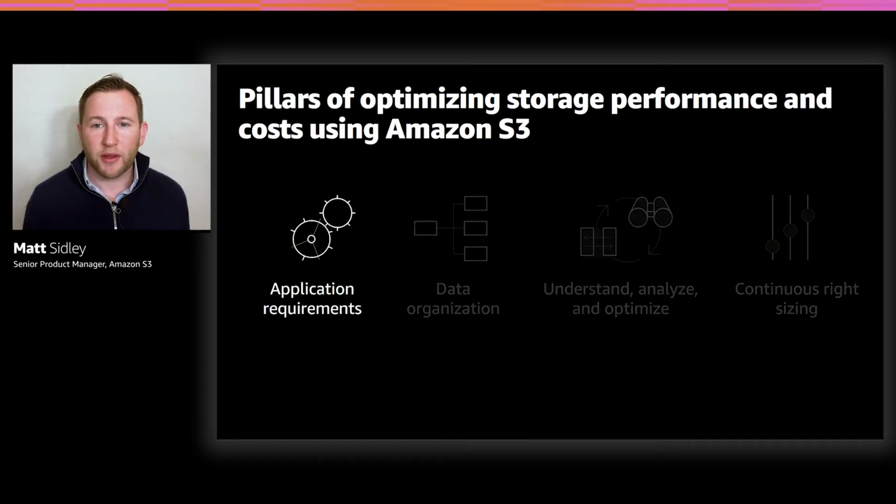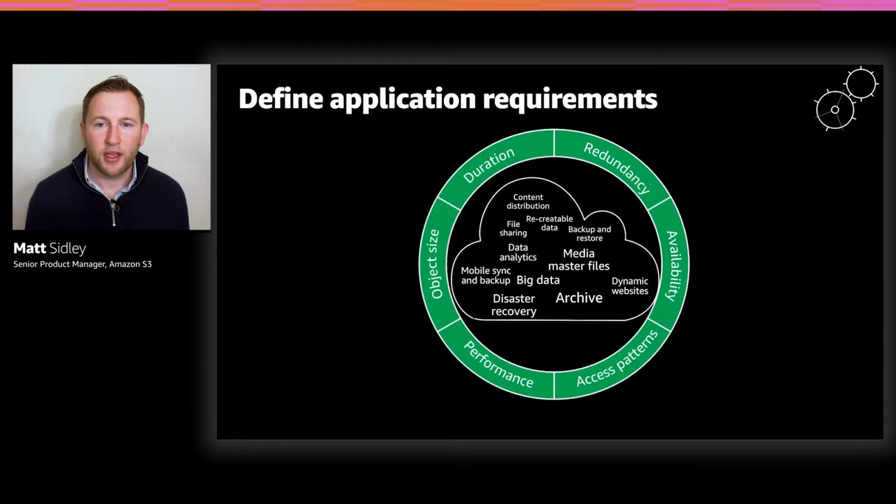So let's start by first discussing your application requirements. As we said, the first step to optimize is to really understand your application requirements. And let me illustrate that with a few examples. Perhaps you have a media library, and you have many users that access the video content and you need to immediately stream them to your end users. In this case, you probably have a very high performance and high availability requirement.